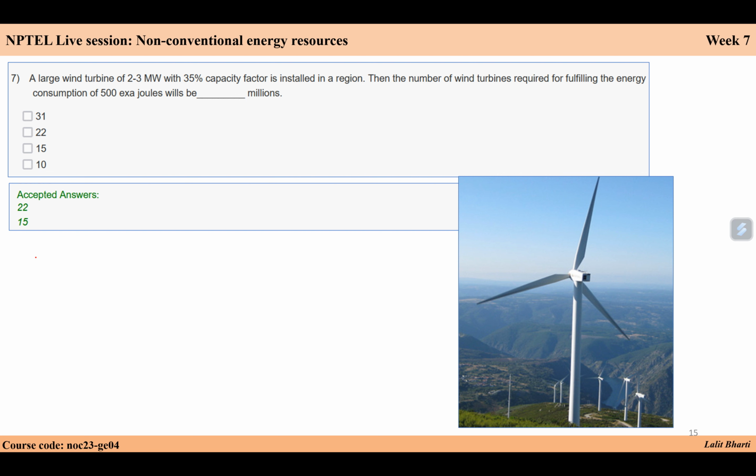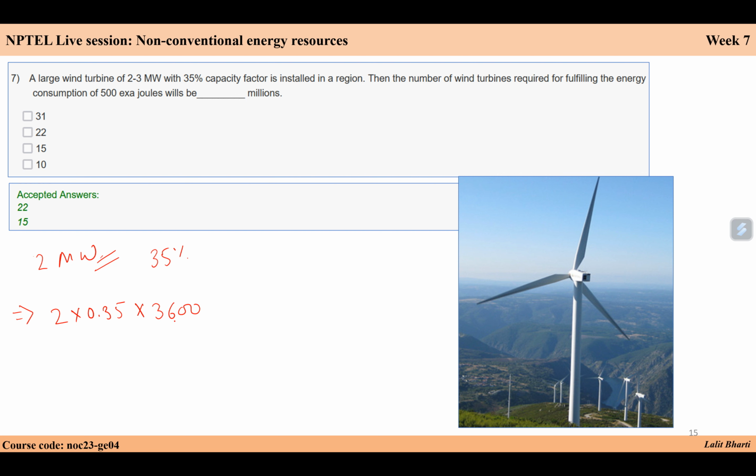So basically we have, let's say, 2 megawatt. This is the power generation per second, but we still have the capacity factor of 35%. So if we calculate, 2 into 0.35. This is the power rate.